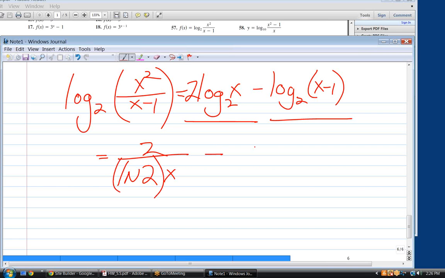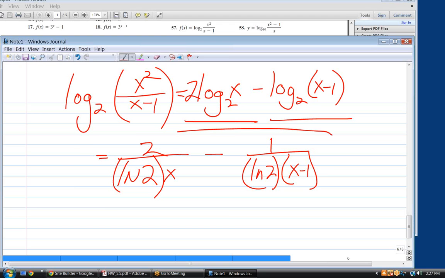And then minus 1 over the natural log of 2 times x minus 1. Times what? X. What's the derivative of the inside? Oh, 1. Oh, you're right. Sorry, my mistake. I was thinking it was minus 1. Yeah. So that's an acceptable answer. Is that what she has?